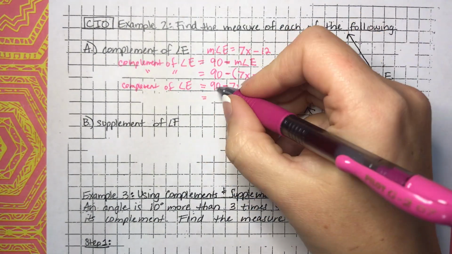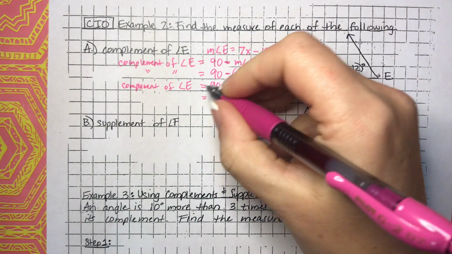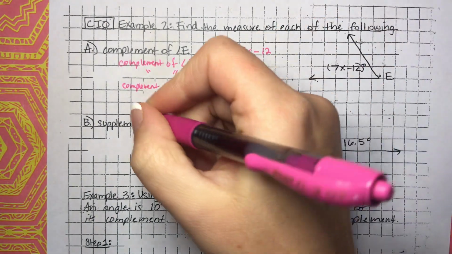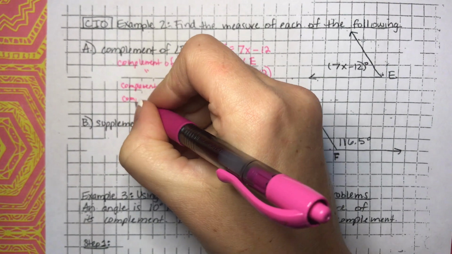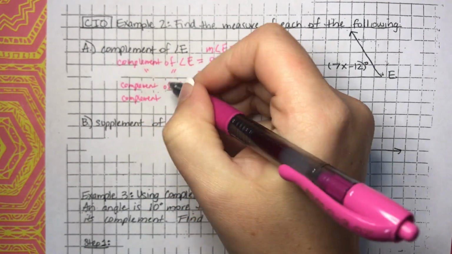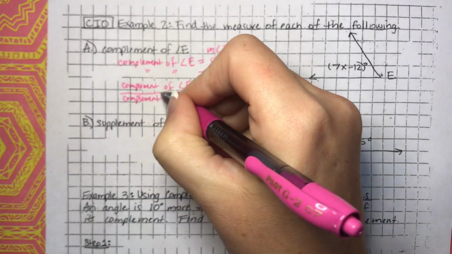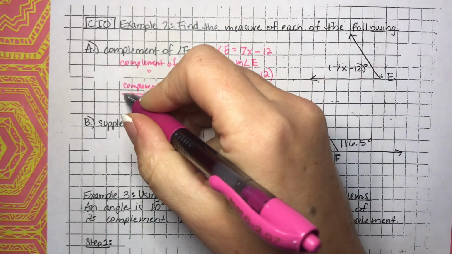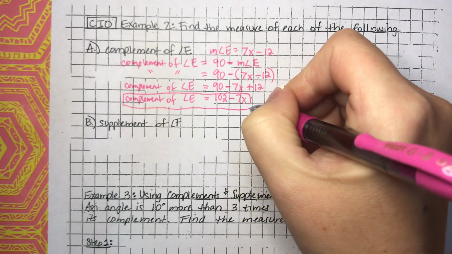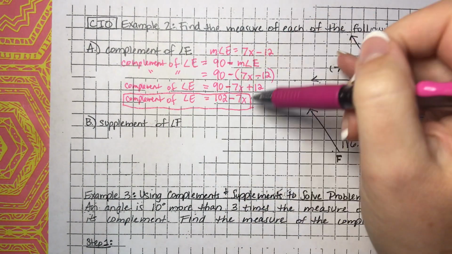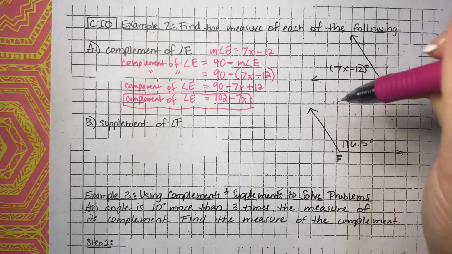So we have 90 plus 12, which is going to give us 102 minus 7x, and this is the complement of angle E. So there's our answer. So if you got that one right, awesome job. If you didn't, go ahead, find your error, and make sure all of your work looks like mine.